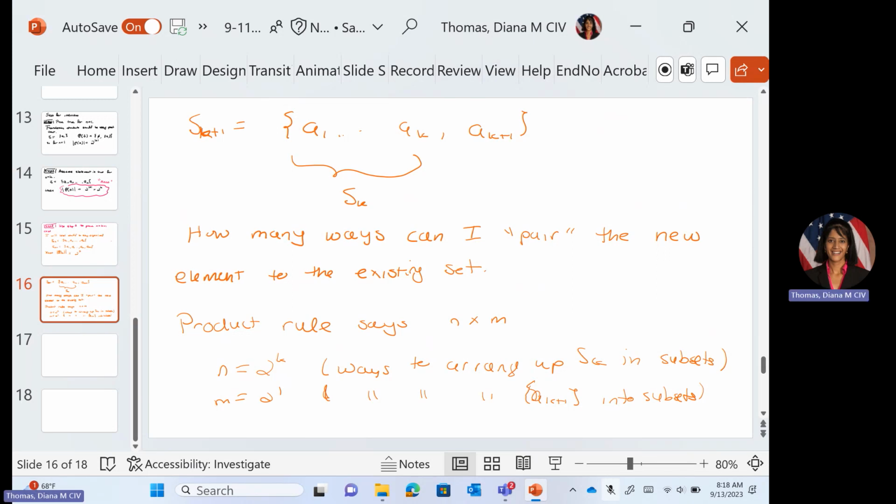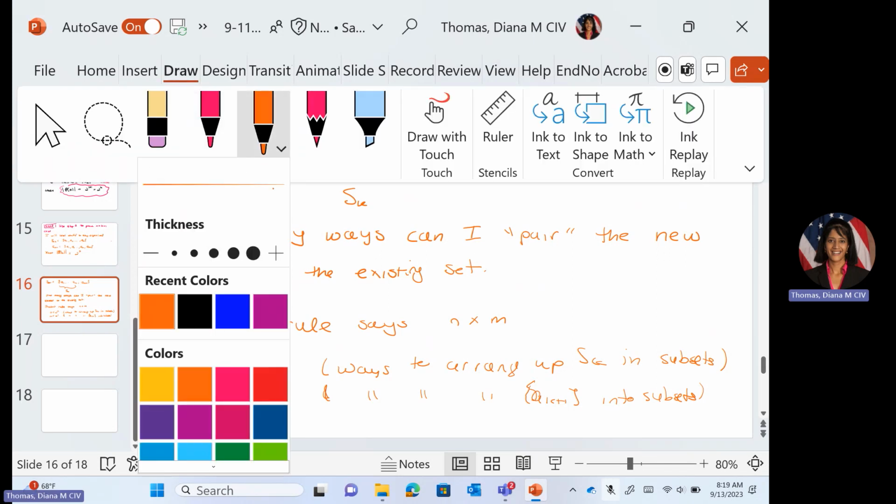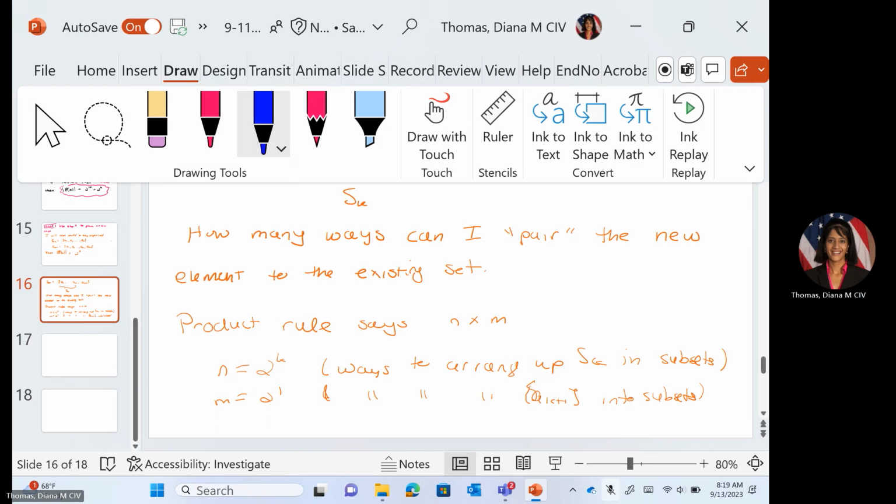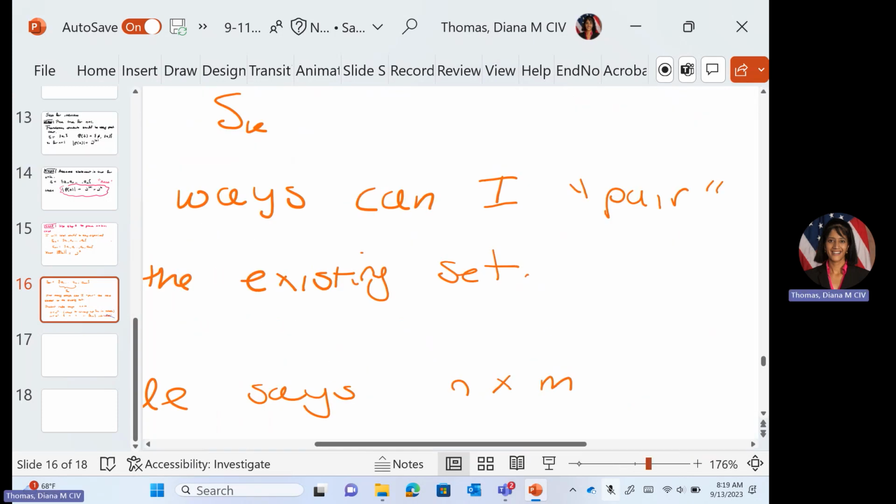If I made a tree, I'd have 2 to the k trees and 2 branches on each one of the trees. Yeah, I'll put that in there. This is probably a good visual. Oops, what happened?